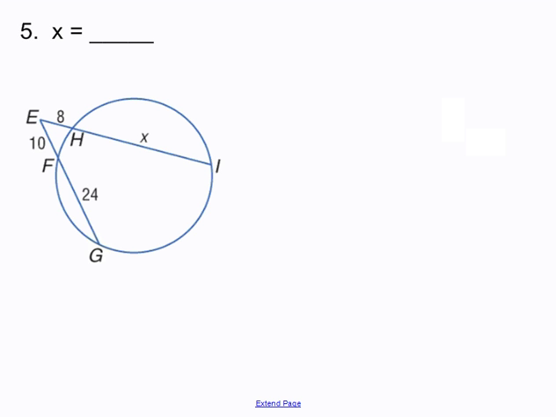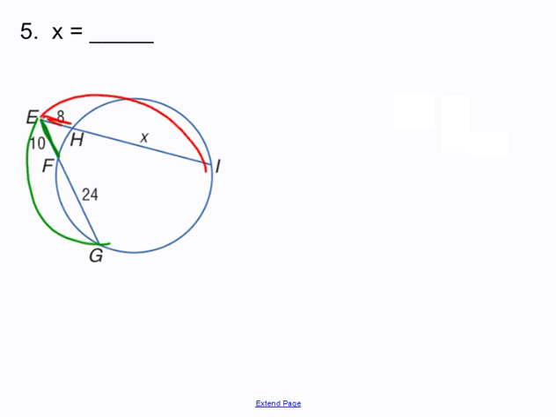All right, next one. Same concept. So now we're going to go on with the whole thing times the outside equals the whole thing times the outside.